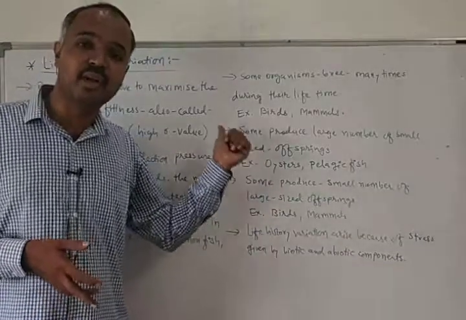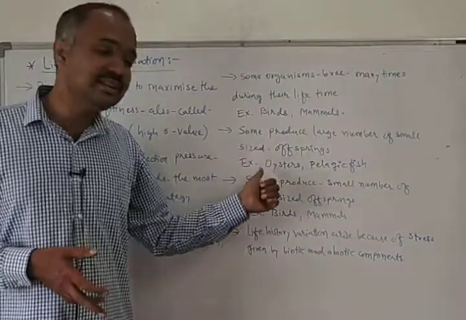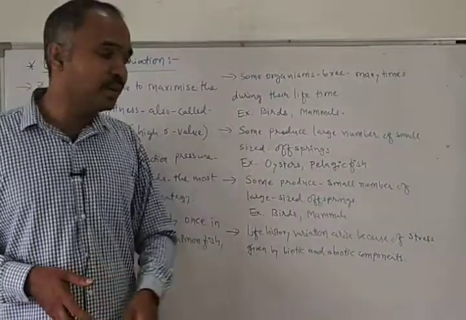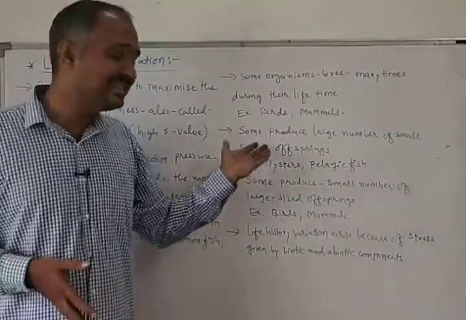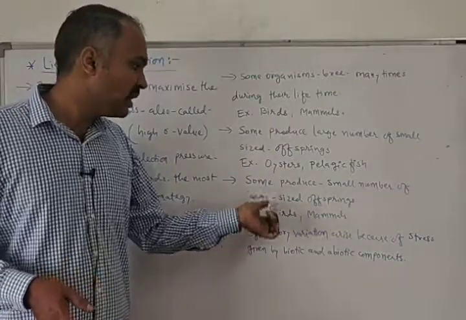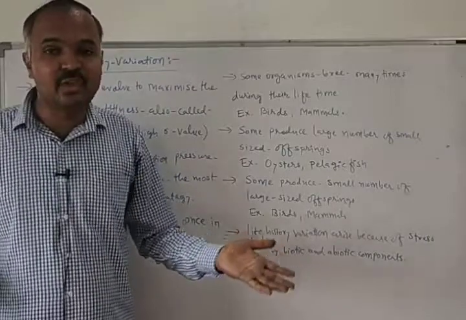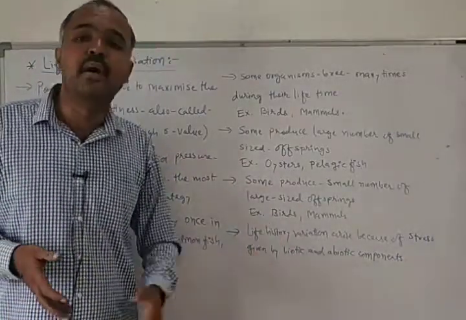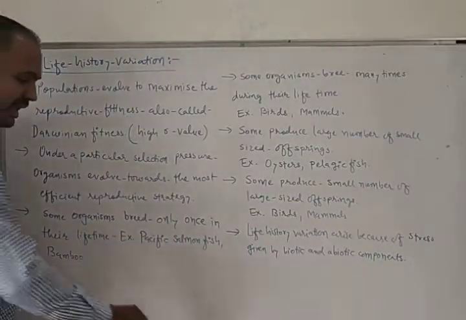And some organisms produce a small number of large sized offspring, like birds and mammals. So these are four different types of strategies.